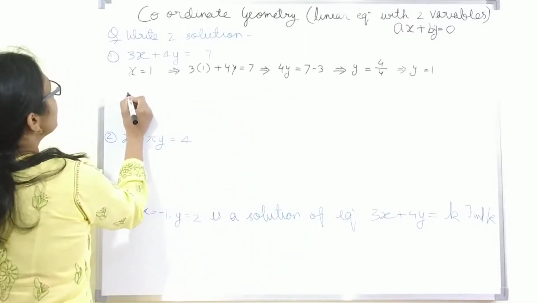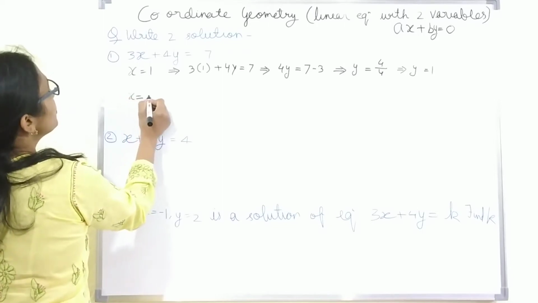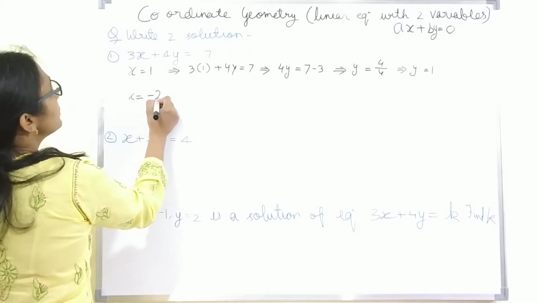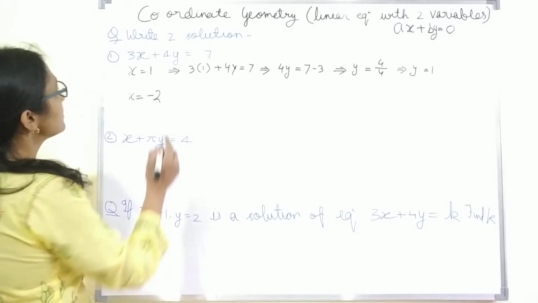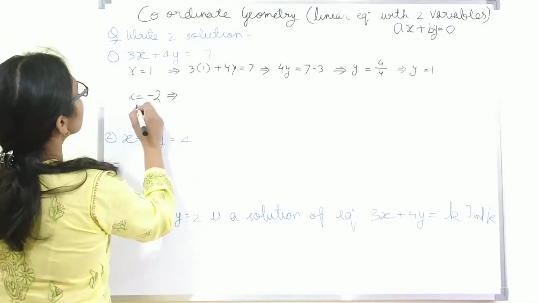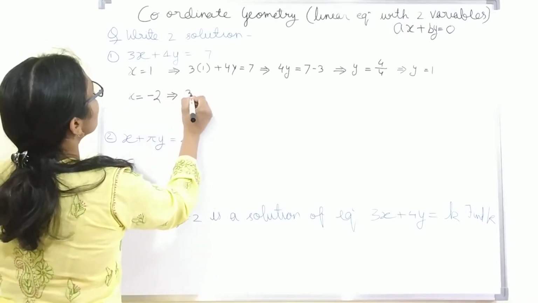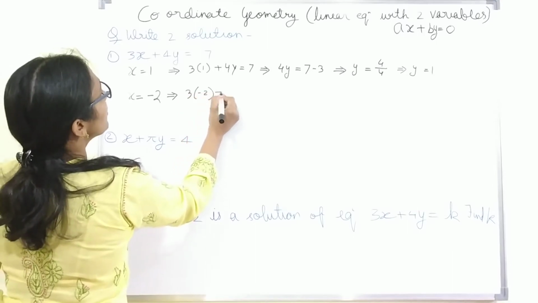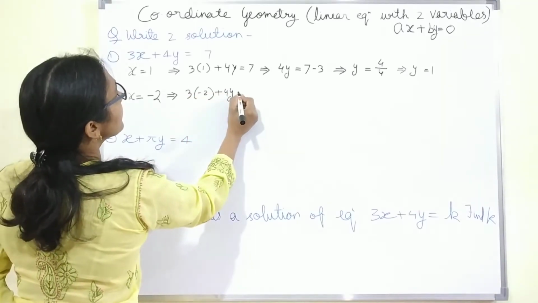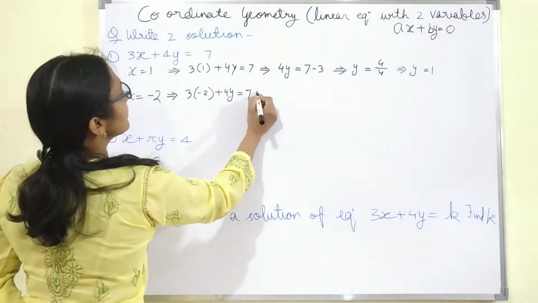Next I am substituting x equals to minus 2. Any number you can take. So x equals to minus 2. So 3 into minus 2 plus 4y equals to 7.